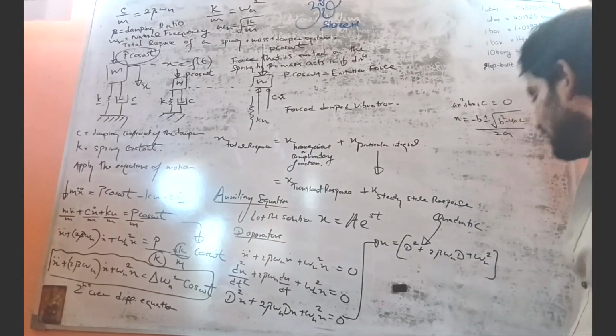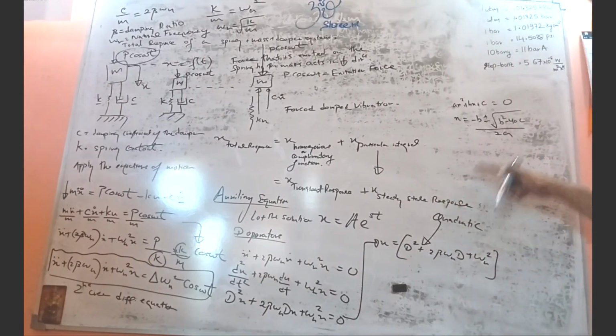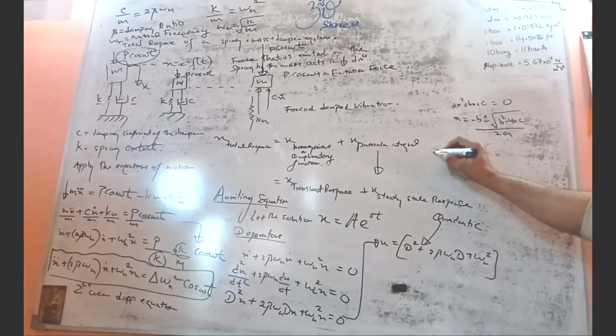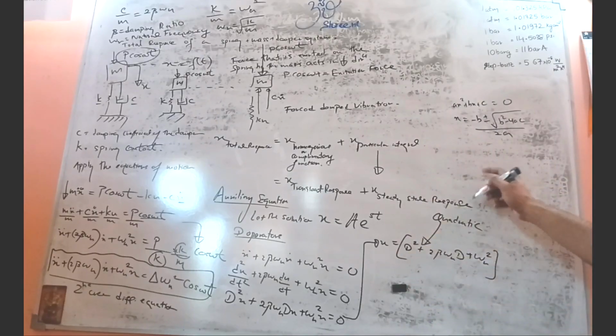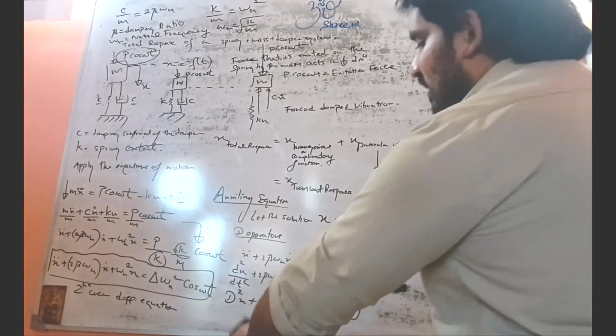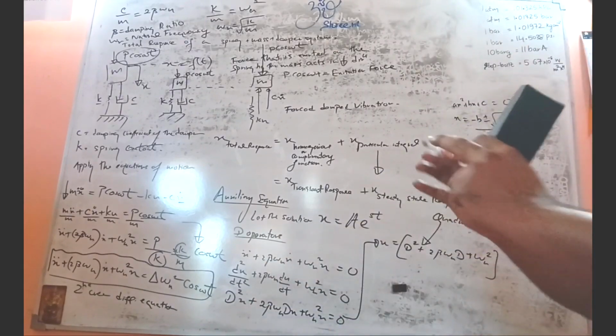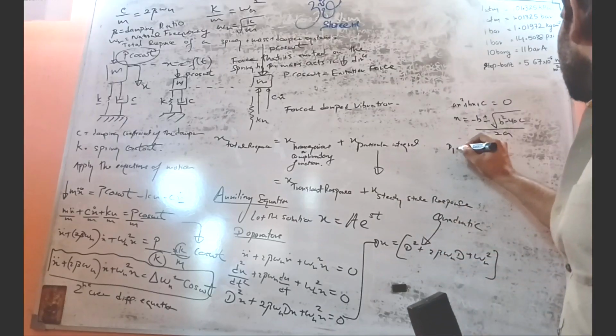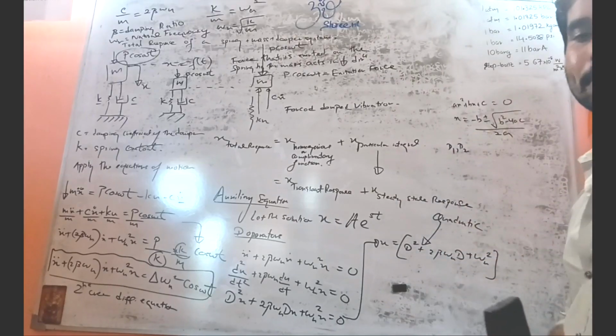That technique, if we use here, now this is a quadratic of D. So there are two possibilities, one is D1, the other one is D2. Minus b, what is minus b?